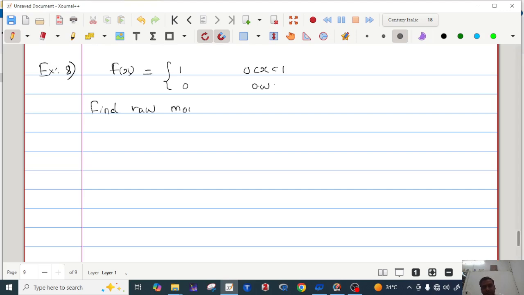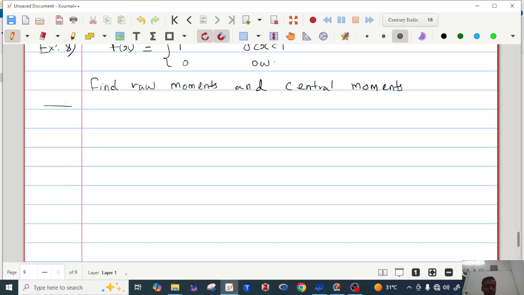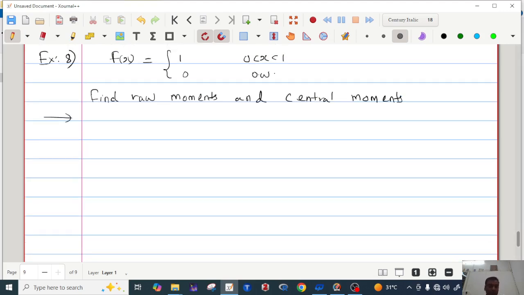So how will we find this? As we discussed the definition of raw moments and central moments, let's compute raw moments first.